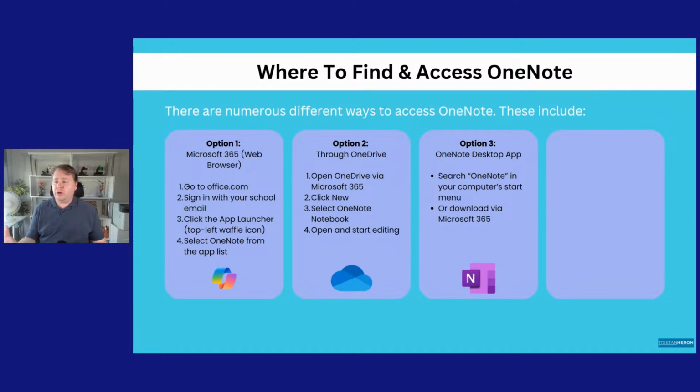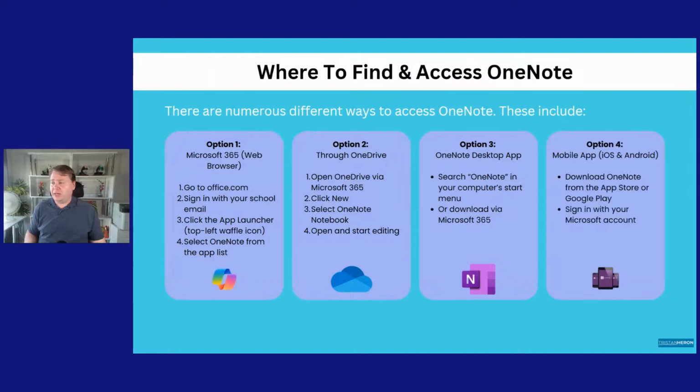All right, all you're going to do is search on your device OneNote and see if it's installed. If it's not installed, just head to Google, type in OneNote download, okay, or head over to Microsoft 365 and you'll be able to download that desktop app onto whatever device you are actually using. All right, so we're not going to show you that particular option tonight. That's another option there, but you can definitely download the desktop app version if that is what you're looking for.